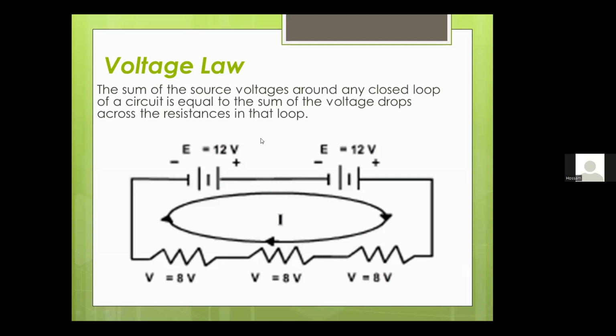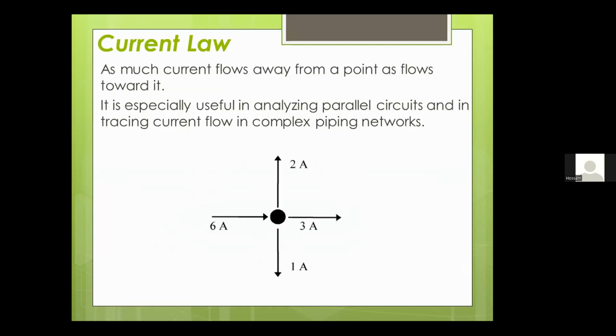As shown, the sum of the voltage sources is 24 volts here and here, and if the current is 1 ampere in this circuit, the voltage drop in the first resistance is 8 volts, and the second resistance 8 volts, and the third 8 volts. So the total voltage drop is 24, equal to the sum of the sources.